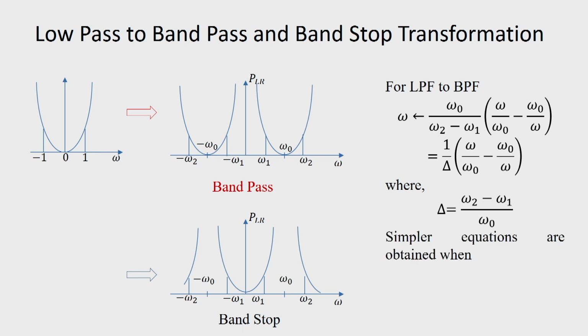And we can get a simpler equation if omega naught is chosen as a geometric mean of omega 1 and omega 2. Therefore, omega naught is root omega 1 omega 2.